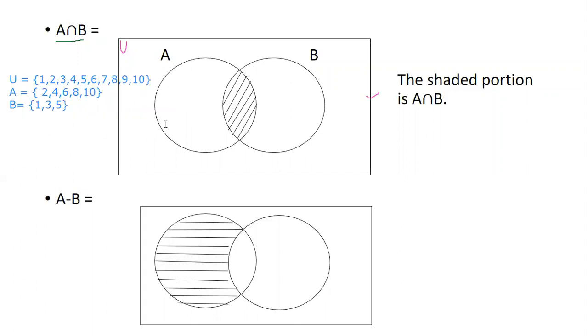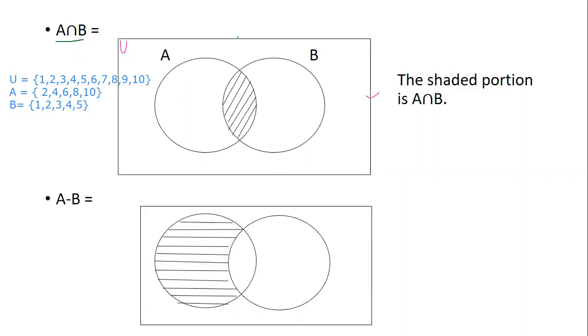Now the universal set has elements from 1 to 10, correct? And then we have A and then we have B. Wait, I think I'll have to change a little bit of A and B because there are no common elements. Let us say this is 1, 2, and then 3, and then 4. Yeah, I think this would do good.